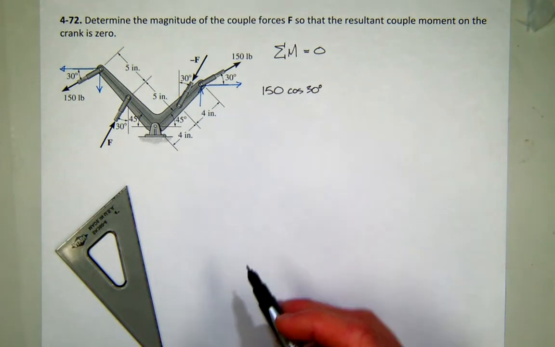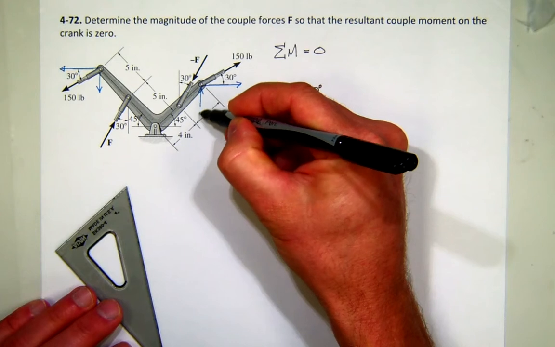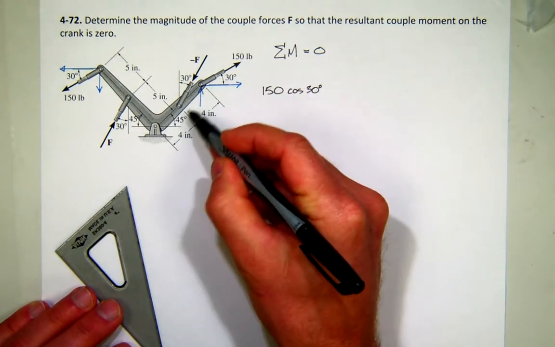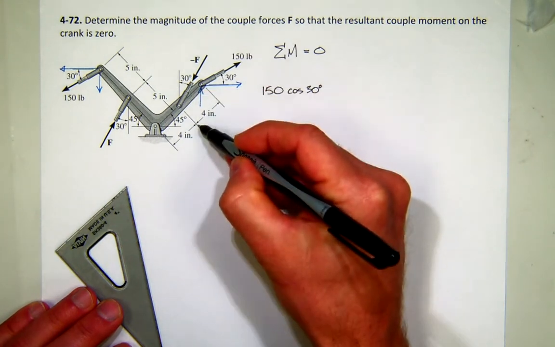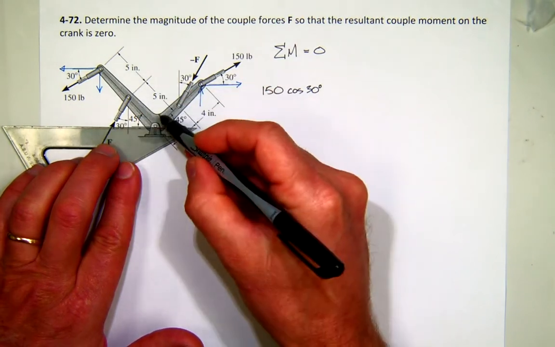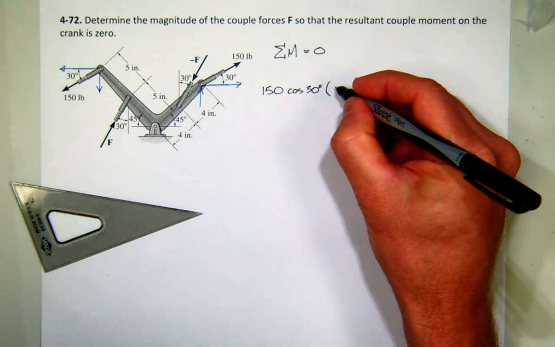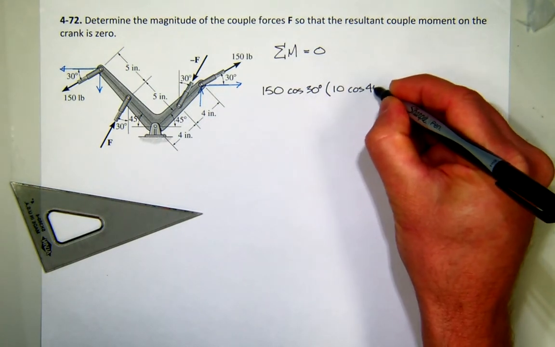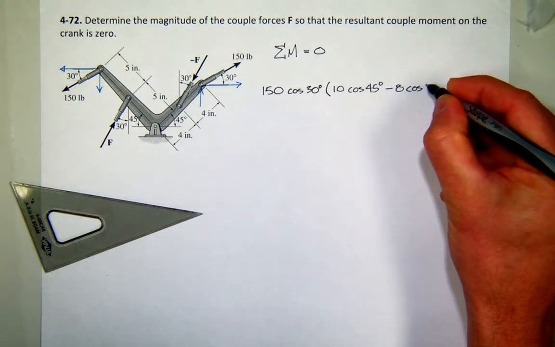It's a right triangle, so this distance here would be 8 times the sine of 45, right? And on this side, it would be cosine of 45 times 10. It would be the difference in that, so I'll write that out this way: 10 cosine 45 minus 8 cosine 45.